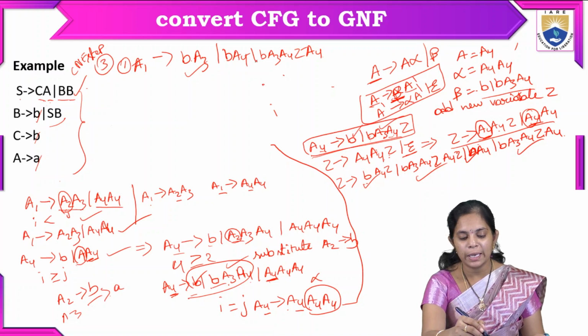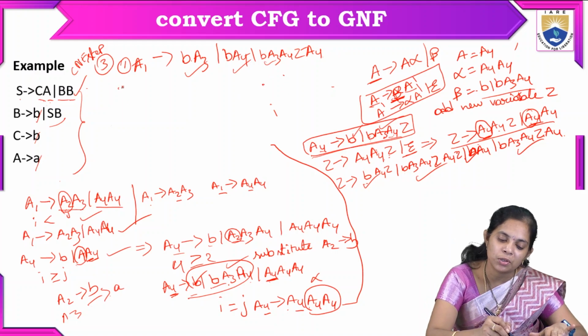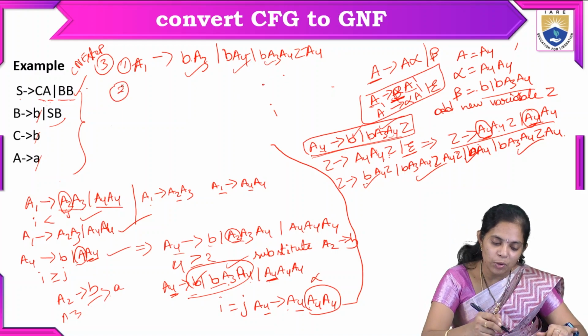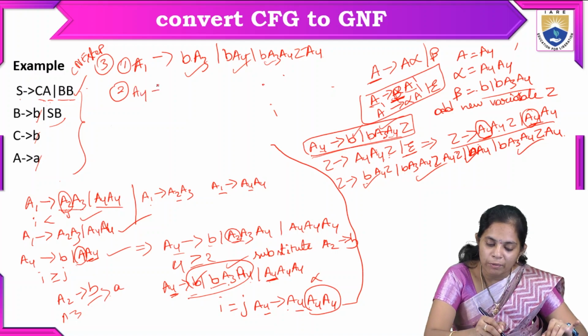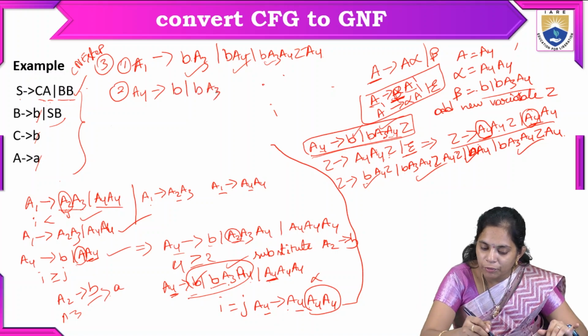So B A3 and B, all the terminals which are followed by n number of non-terminals. This is the first production. And coming to the second production, B is nothing but A4. So A4 tends to B A3 A4 Z.